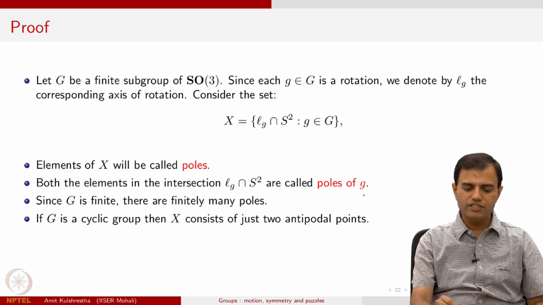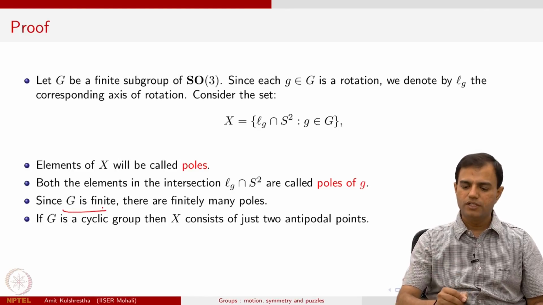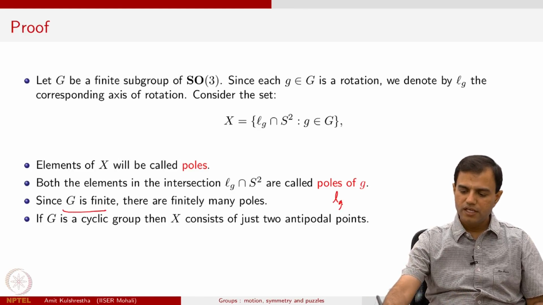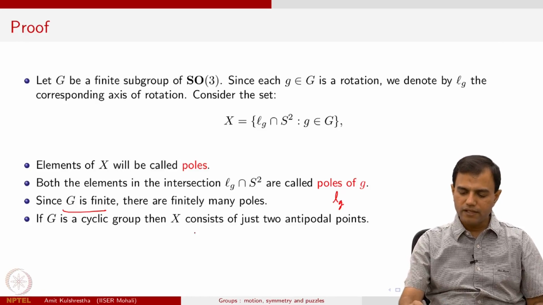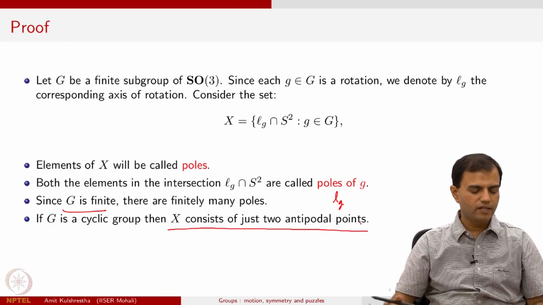And it's clear that since G is finite, for each G you have one LG, so there are finitely many poles. The number of poles is finite. And if G is a cyclic group, then there are only two antipodal points in a pole, right?